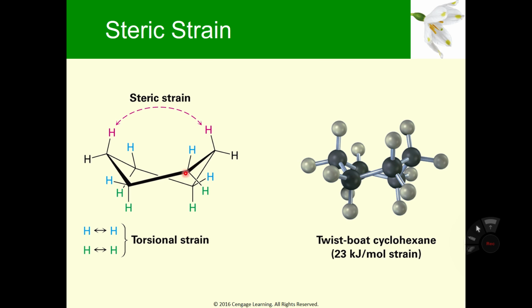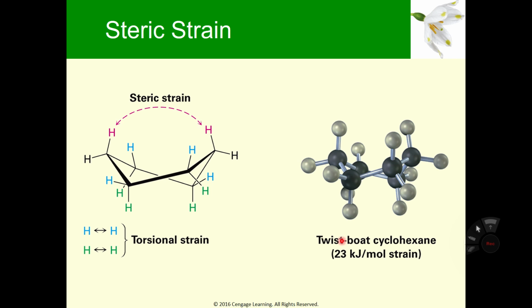The reason it is twisted is because they want to avoid torsional strain between this CH and this CH, okay? So this is the twisted boat conformation of cyclohexane. If you compare the energy of this twisted boat conformation with the chair conformation of cyclohexane, there is an energy difference of 23. Oh, okay.